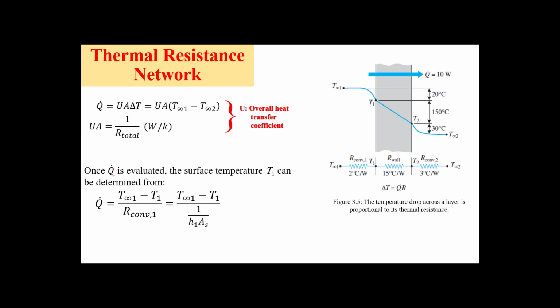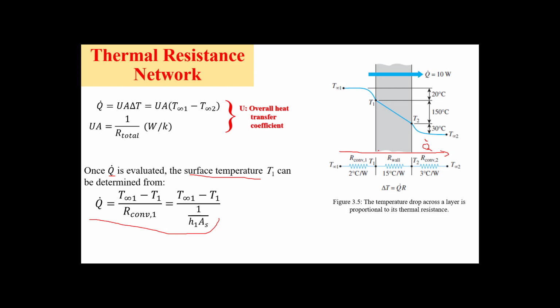Once Q dot is evaluated, once we know the magnitude of Q dot, the surface temperature T1 can be determined from this relation. So if we know Q, maybe one of the questions will be like this.